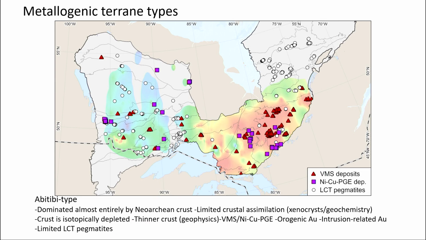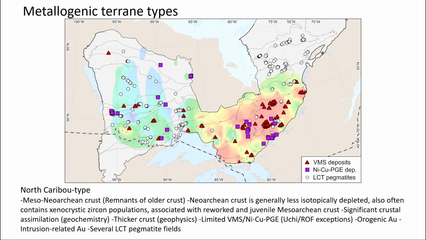And then on the other end of the continuum, you have North Caribou type metallogenic terrains, which contain Meso to Neo-Archean crusts, remnants of older crusts. The Neo-Archean crust in the North Caribou terrain is generally less isotopically depleted. It also often contains xenocrystic zircon populations associated with reworked and juvenile Mesoarchean crust.